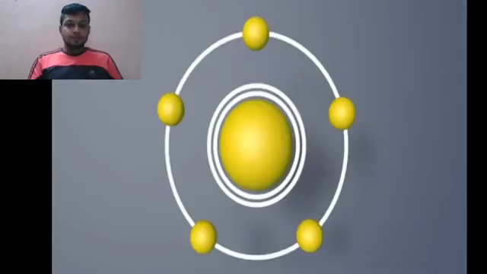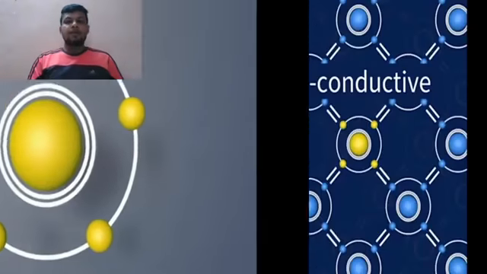Phosphorus has 5 electrons in the outer shell. So when we add this to the silicon as doping, the fifth electron is free, which means that the silicon-phosphorus crystal is n-conductive.